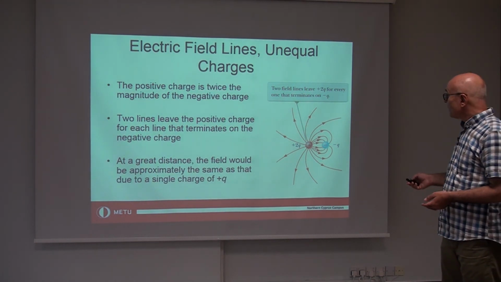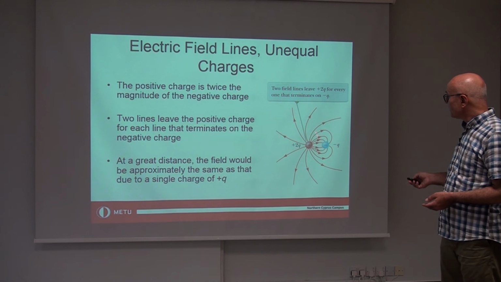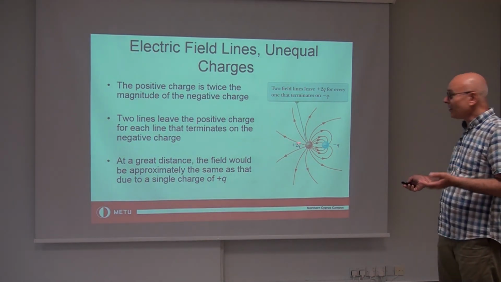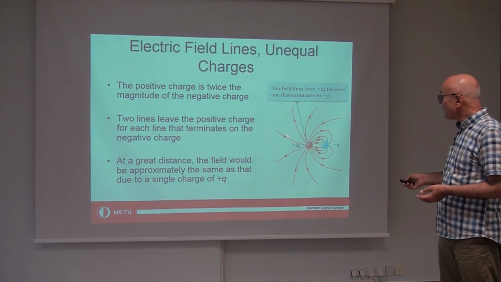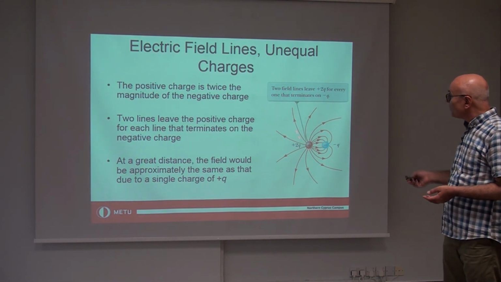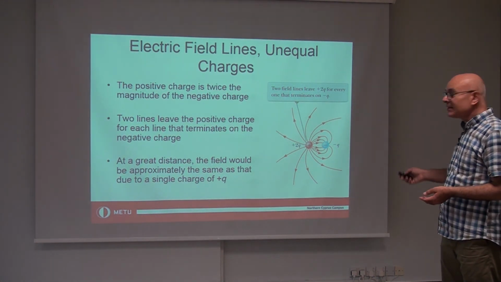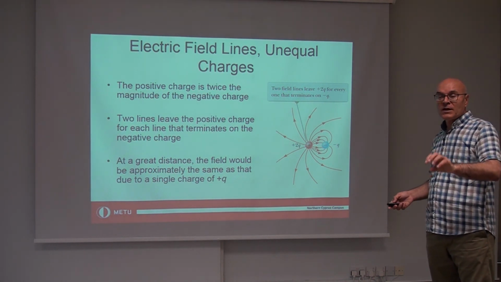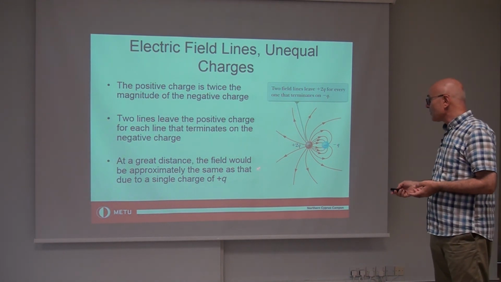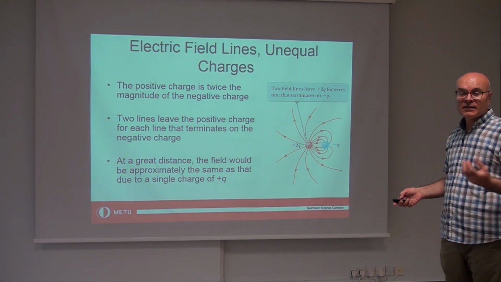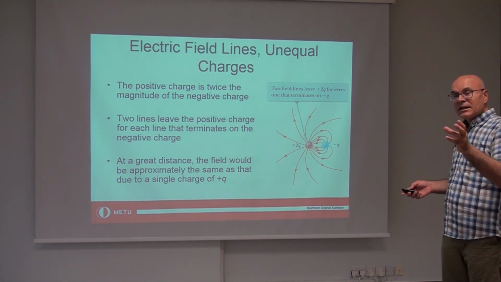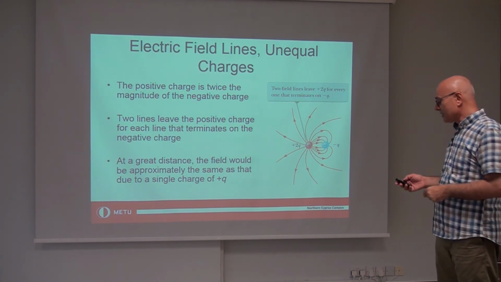Now, if you look at the trend here of the lines that are free, because I have an excess of positive charge, not all the lines leaving the positive charge will terminate at the negative charge. So far away, these will straighten, and when you look far away, you will see only rays coming out, and so they will look like the electric field lines of a single point charge of magnitude q minus 2q, which is plus q.